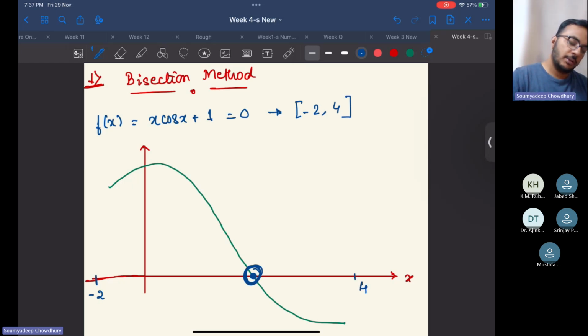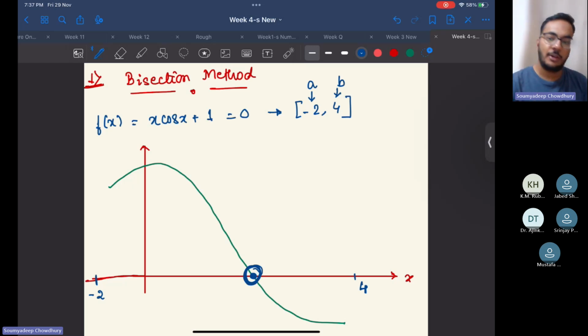Okay. So you can see here our root, which is where the function intersects the x-axis, lies between -2 and 4. So our initial bracket is okay. Now we need to find an intermediate point, that is the midpoint of these two values. I am taking a as the lower limit and the upper limit is b.